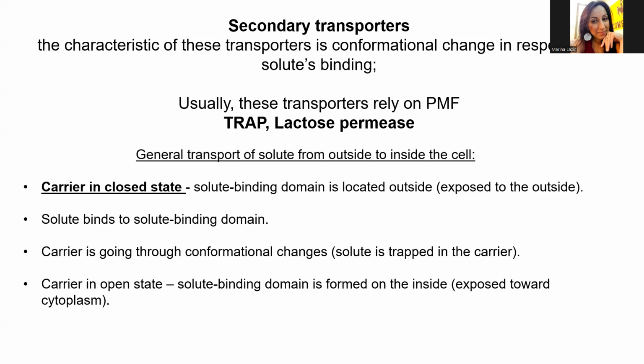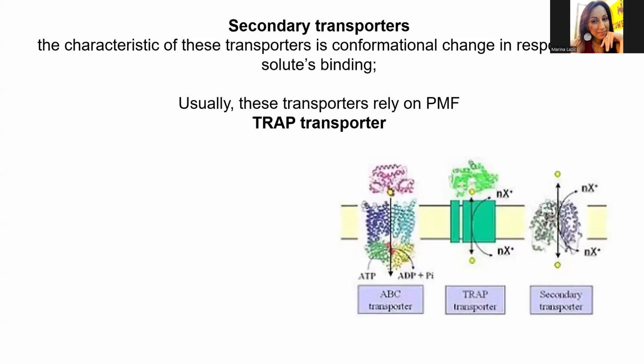Then the outside solute comes inside and gets released inside, ready to accept the new one. Again, a very dynamic structure. And this exists for all secondary transporters, where there are three states, and the medium one is the intermediate.